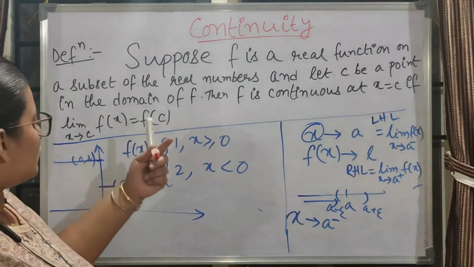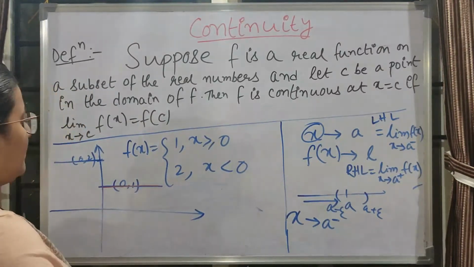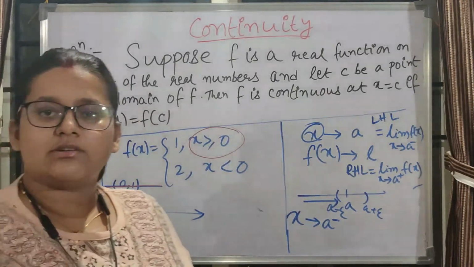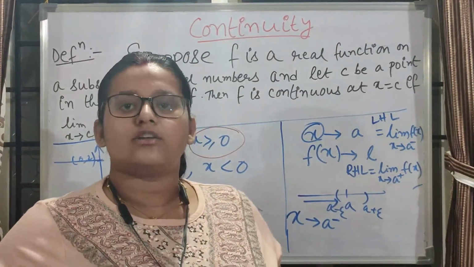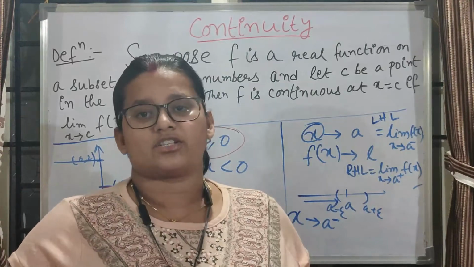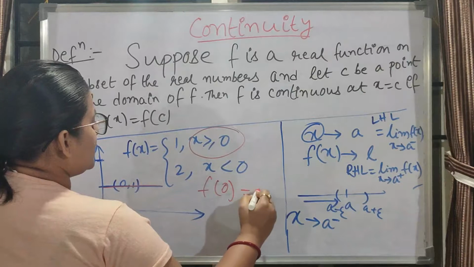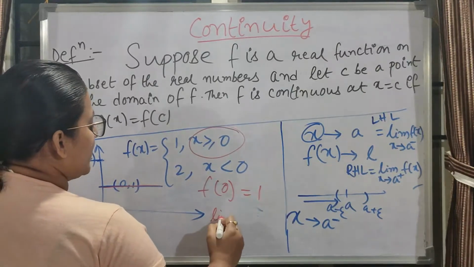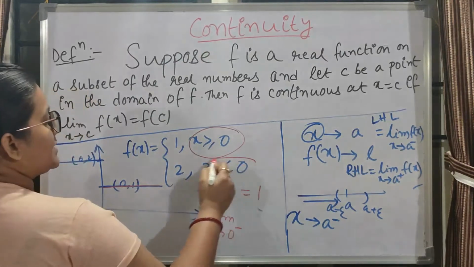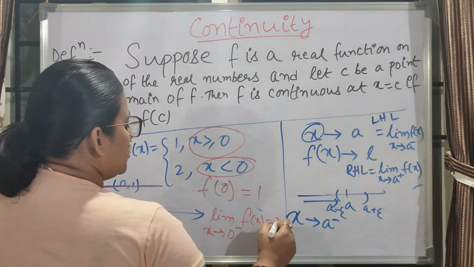Again, if we come to the definition of continuity, we need to check continuity at x equal to 0, whether the function is continuous at x equal to 0 or not. So we need to find the left hand limit, right hand limit and the functional value. Here the functional value f of 0 is 1, and the left hand limit, x tends to 0 minus, x is less than 0, so f of x value will be 2.